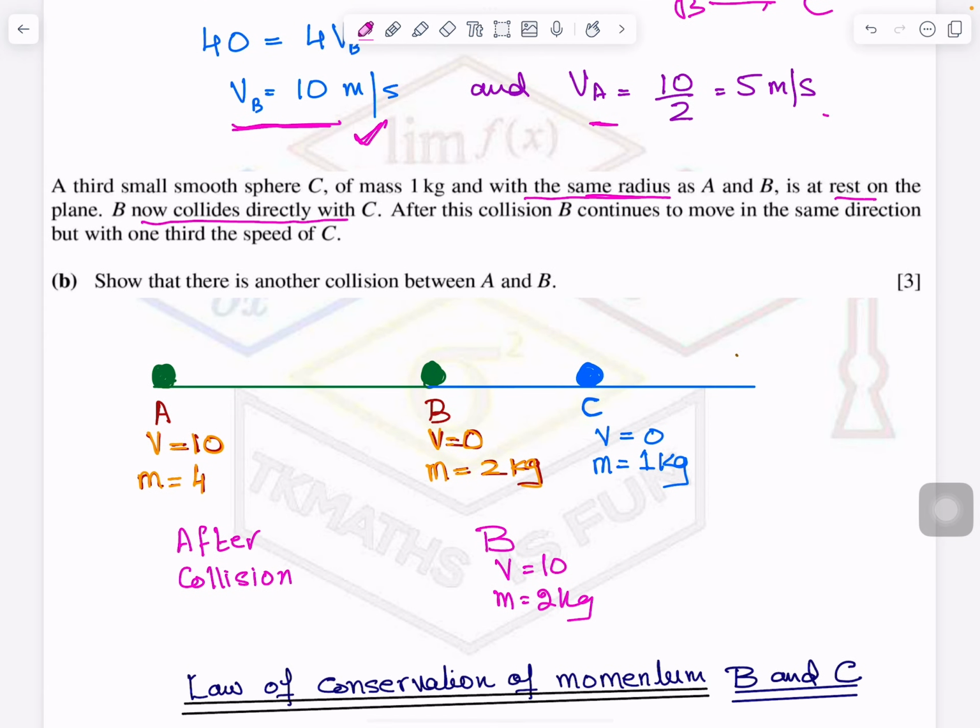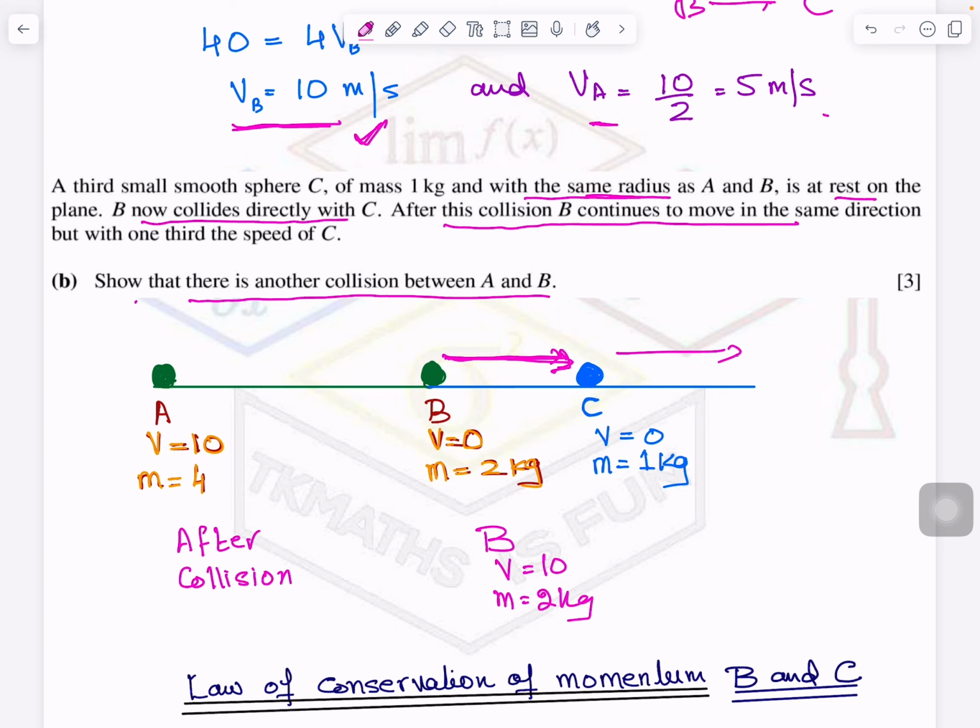What you have to show here is that there will be another collision between A and B. That is only possible when B hits C and its speed slows down, because it is written that after the collision, B continues to move in the same direction. When B hits C, C will start moving, but B is also moving.